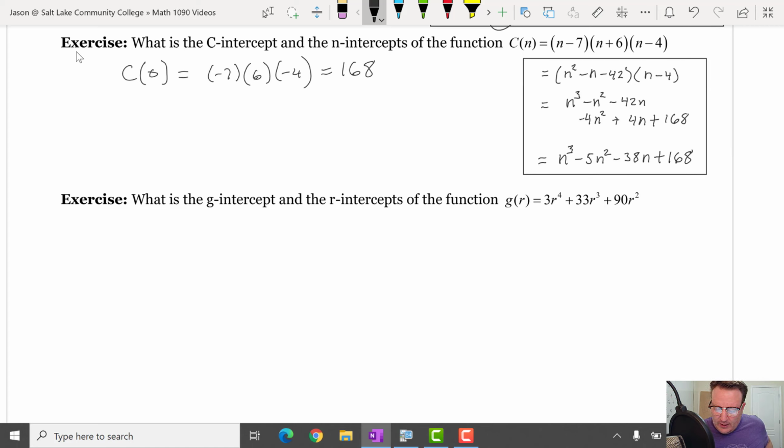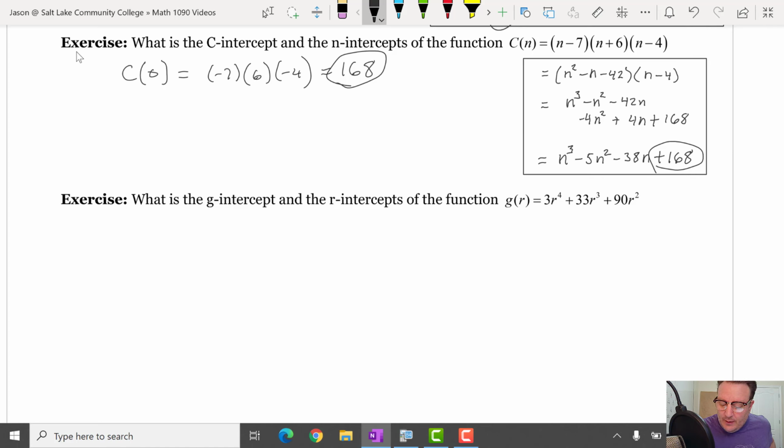Okay, so notice that this 168 agrees with what we would get from expanding the polynomial out from factored form to general form. What about the n-intercepts?